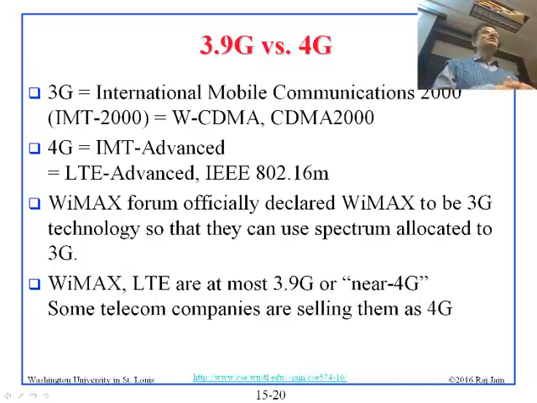So what does WiMAX do? There is no spectrum for 4G, and there is no spectrum for WiMAX. So they said, okay, we are 3G. So they downgraded themselves to 3G. I remember going to a meeting where they said, WiMAX is 3G, period. So now you got the spectrum. You go to any country, saying, I am deploying 3G. You got the spectrum. And then, of course, they're not 4G, and everybody wants 4G.